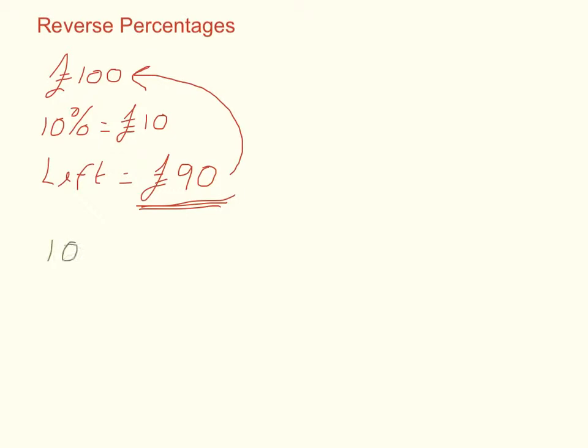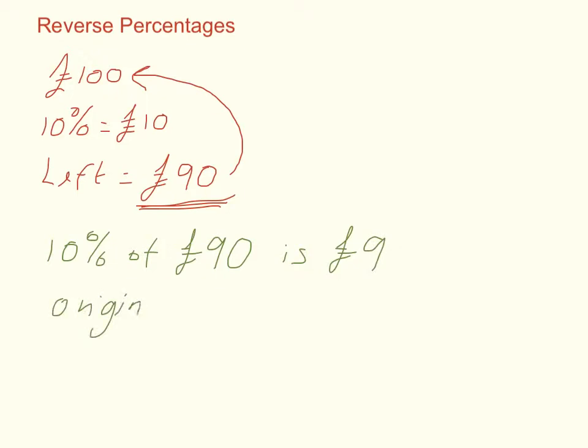So 10% of £90 is £9. So I add that back on and my original price is £99. Oh, well that's not right, my original price was £100.